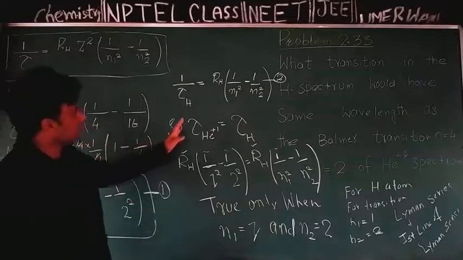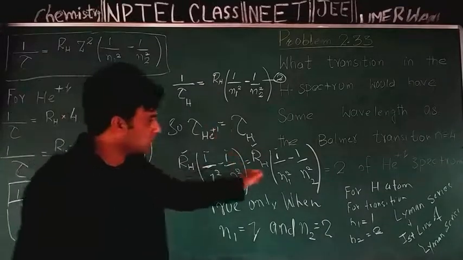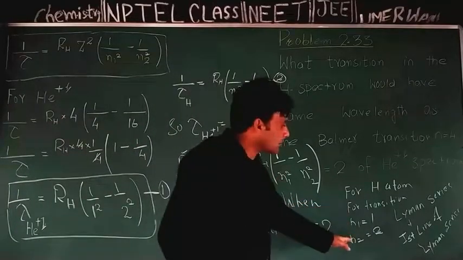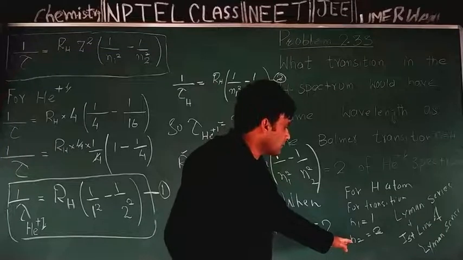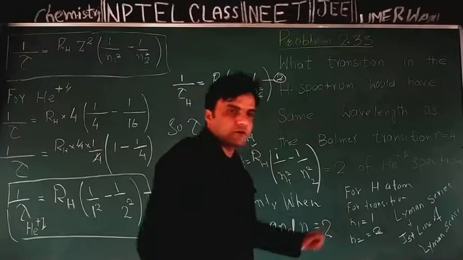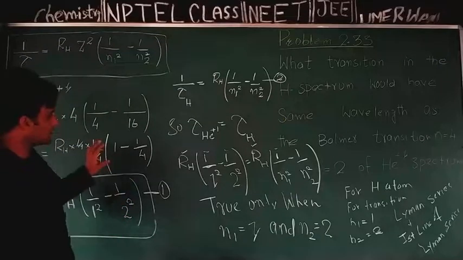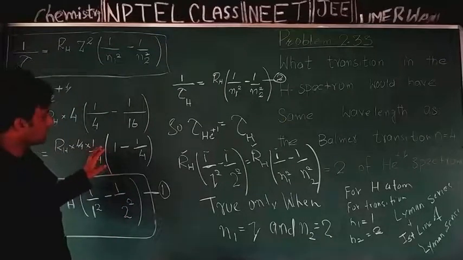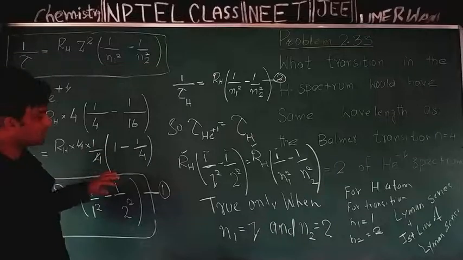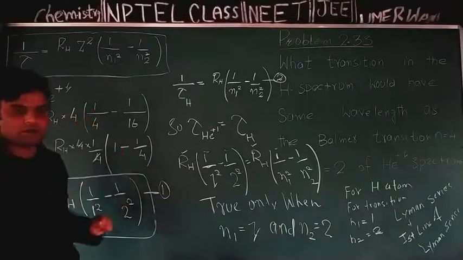But in case of hydrogen atom, electron transition is occurring from higher energy orbit 2 to lower energy orbit 1. So the orbits which are involved in transition are different for helium ion and hydrogen atom.